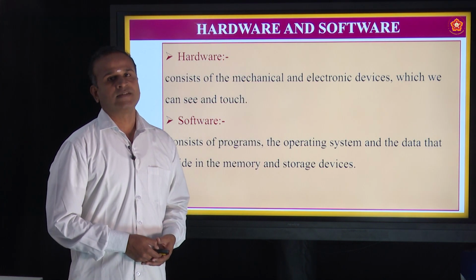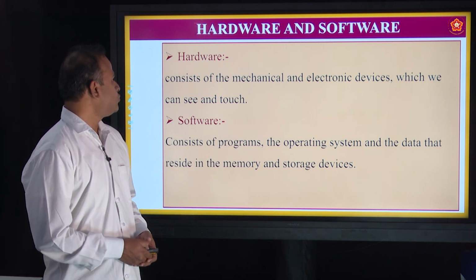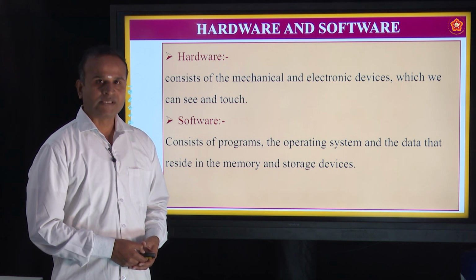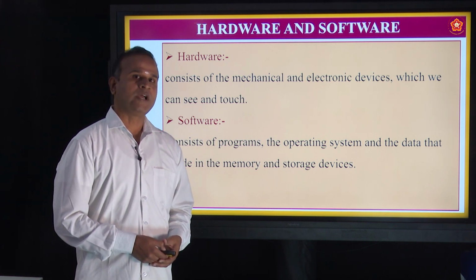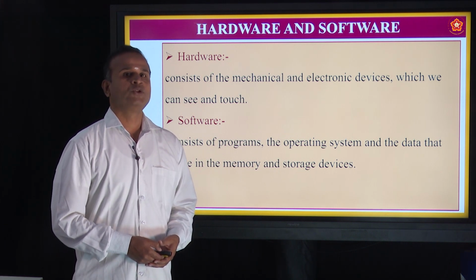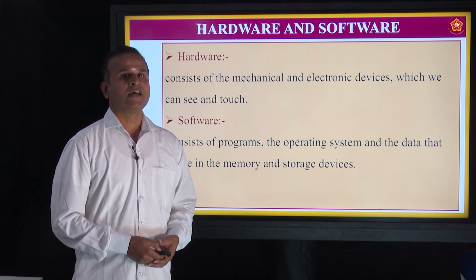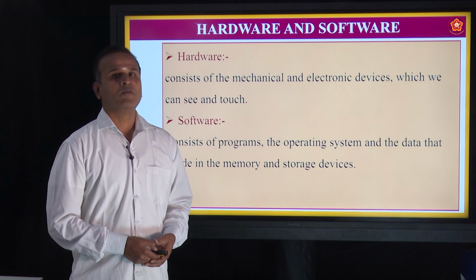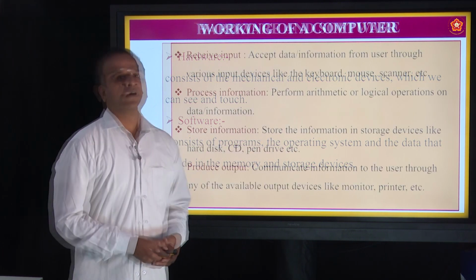The hardware consists of electronic devices which you can touch and you can also see. The software is a collection of programs or an operating system or the data that is stored in various storage devices and memory devices such as your hard disk, pen drive or even your RAM.